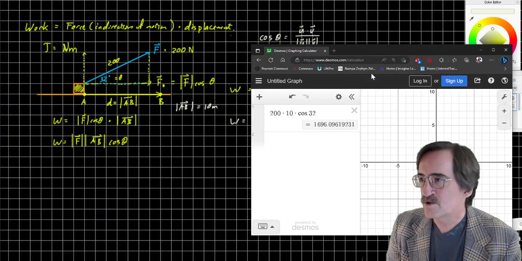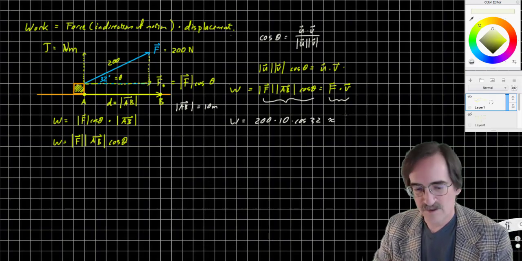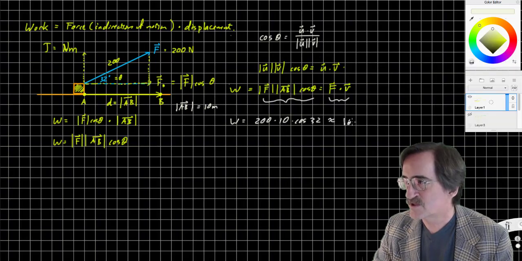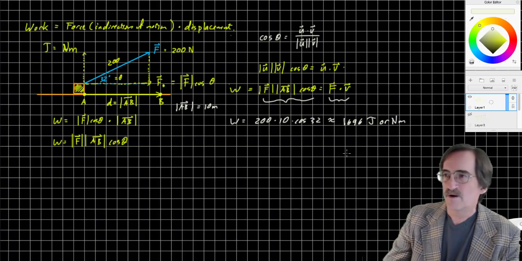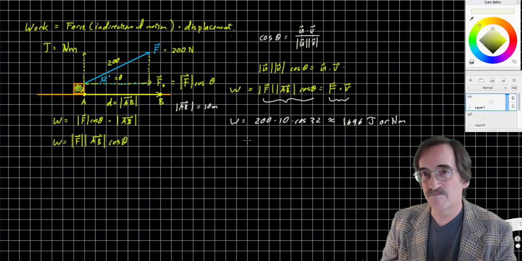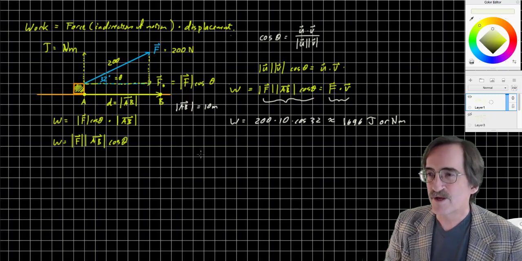So we do 1,696 joules of work. 1,696 joules, or Newton meters. A joule is a Newton meter. However, if it's feet and pounds, you just leave it as foot pounds. Okay, so that's the work in that case.